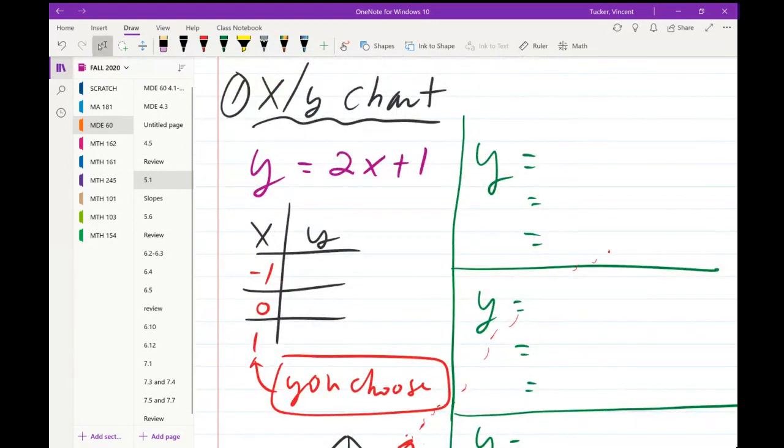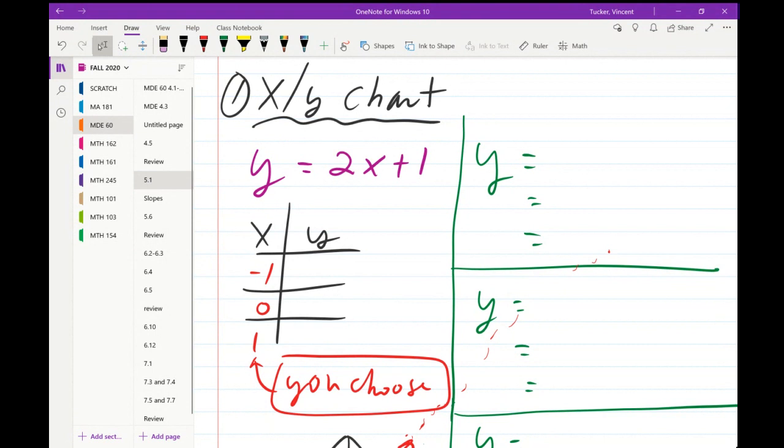Let's look at the equation y equal to 2x plus 1. So you choose x values that you don't mind calculating with. Just remember that whatever you choose, you are going to have to calculate with that. So if you want to choose 150 and 1 million, that's fine. Just remember you're going to have to calculate that, and you're going to have to graph that. So I always choose easy values like -1, 0, and 1.